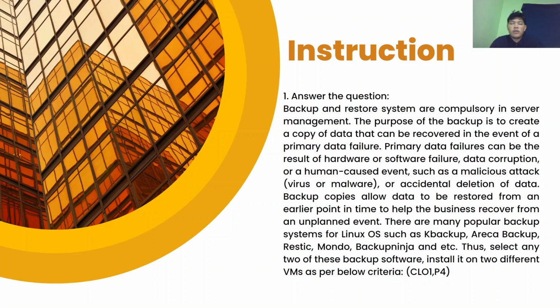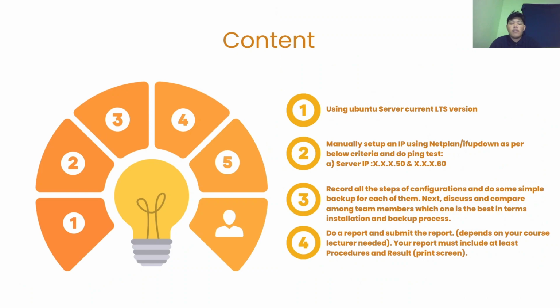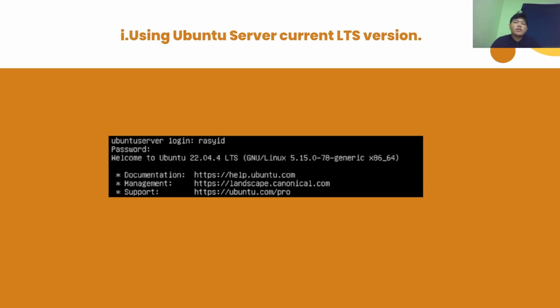For this question, we need to choose two types of backup in a network and compare them to make a conclusion about which backup is easy for people to use. The content has four parts. The first is using Ubuntu server, currently the test version.